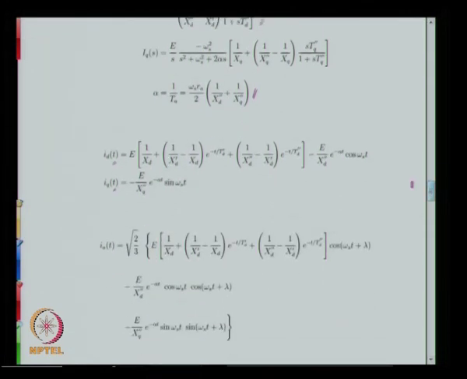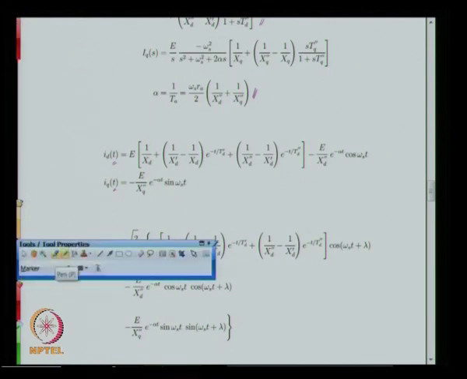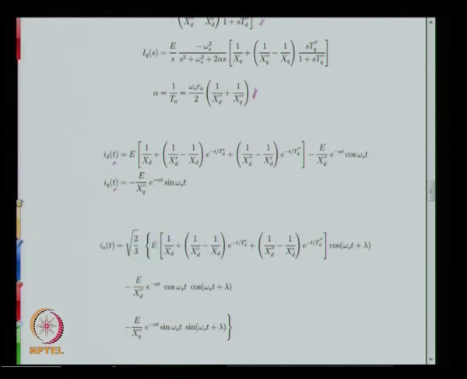Now id and iq can be combined using the normal route. If you want to get Ia, we know the transform that we have to apply: Ia, Ib and Ic is given by root of 2 by 3 times the matrix with 1, 0, and 1 over root 2, and minus half, root of 3 by 2, and so on.